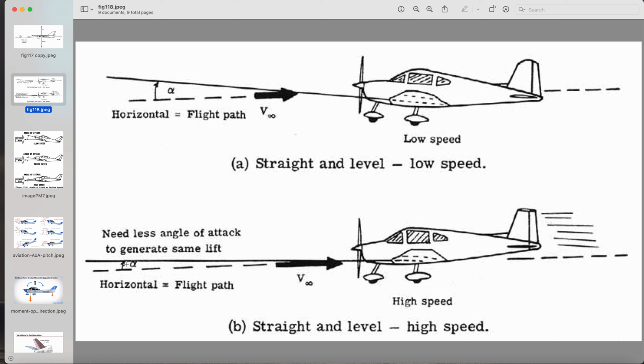Because the lift effect requires that the chord line of the wings is always above horizontal. So consequently, the nose of the airplane is always above horizontal. And the reason that the pilot has to fly like that, when a pilot is flying from A to B, right, we're not talking about acrobatics, we're talking about a plane that's traveling a distance from A to B, is that without the above horizontal pitch, there won't be enough lift to generate.